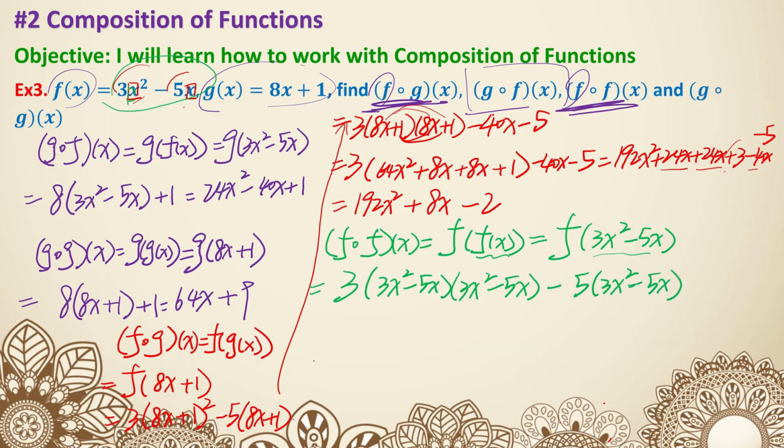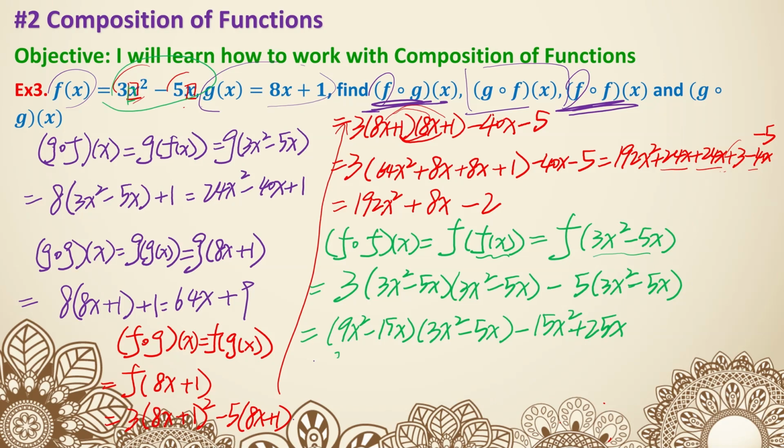There you go. But this time, I'm going to multiply the 3 in. So it's going to give you 9x squared minus 15x. I'm just trying to show you all the methods that could make it work. 3x squared minus 5x. The back I can already simplify. It's minus 5 times 3x squared, a minus 15x squared. Negative 5 times negative 5x is a plus 25x. And since the previous one I used the string method, this one I'm going to use the box method.